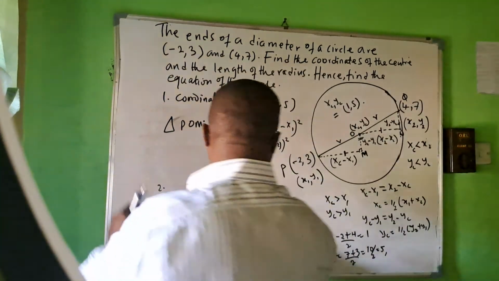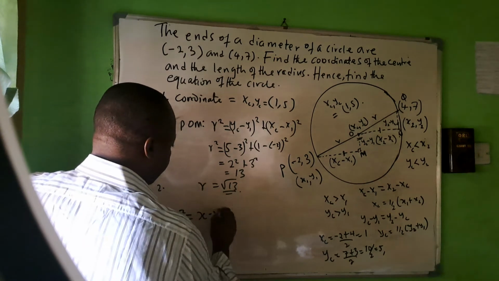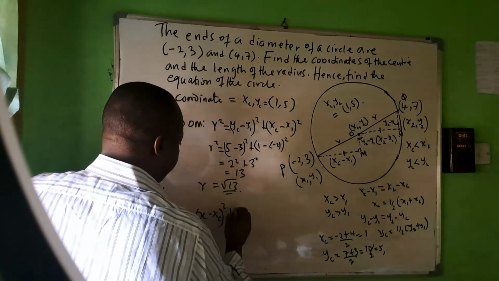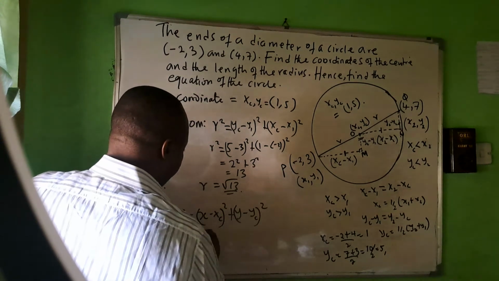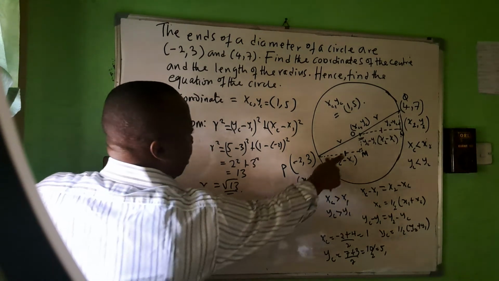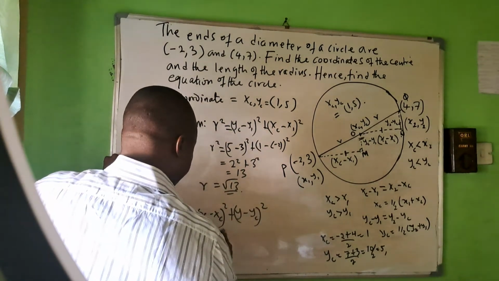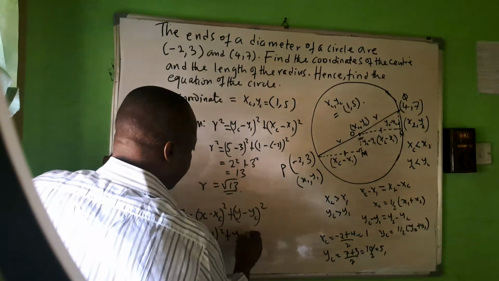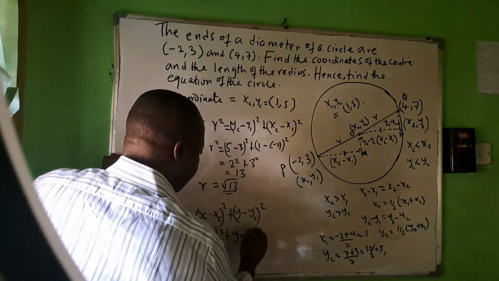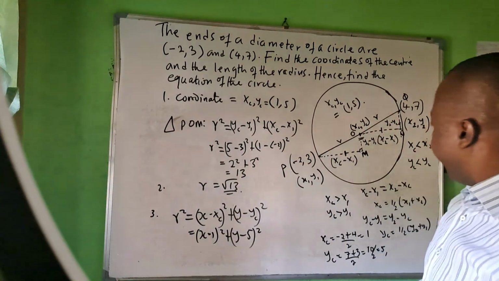So that gives us x minus XC squared plus y minus YC squared. That gives us x minus 1 plus y minus 5 squared.